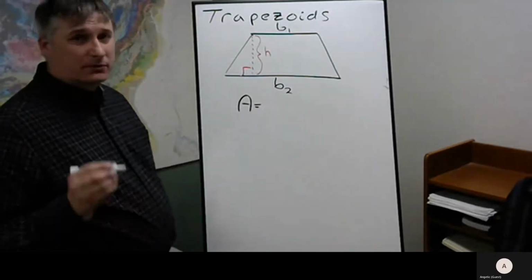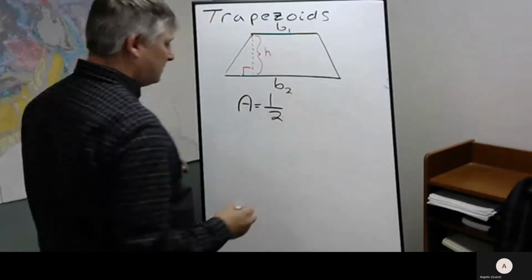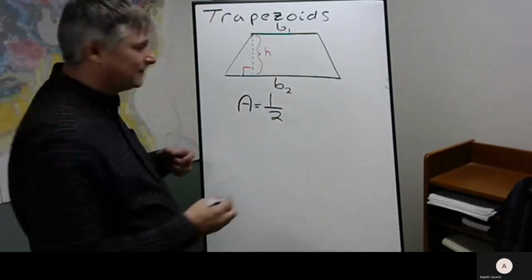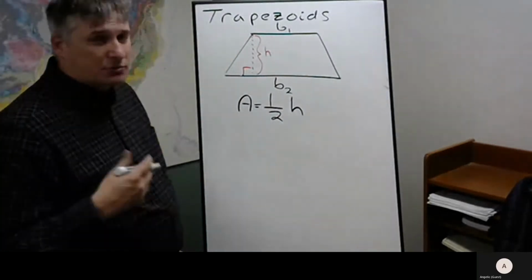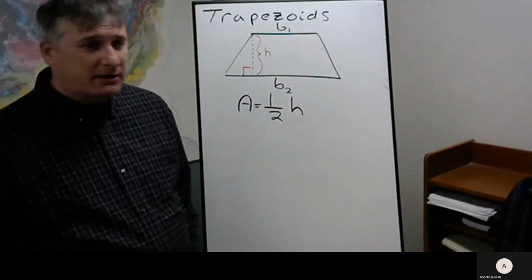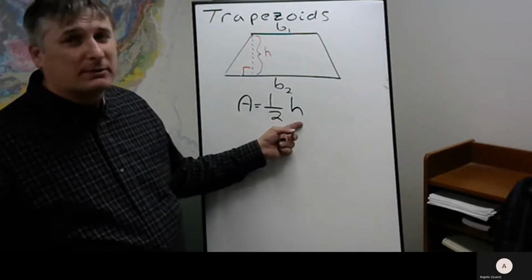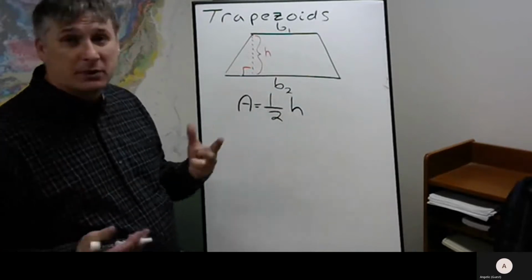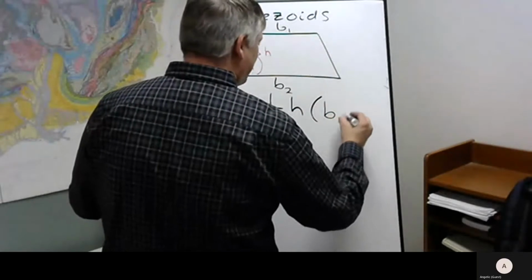Just like the triangle, there's going to be that 1/2. But now we multiply by the height. So if the triangle is 1/2 base times height, now we have 1/2 times height. We're going to probably do something with these bases. Certainly we do. We're going to add them.